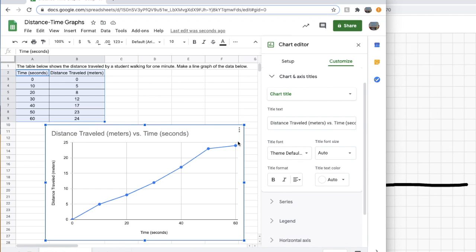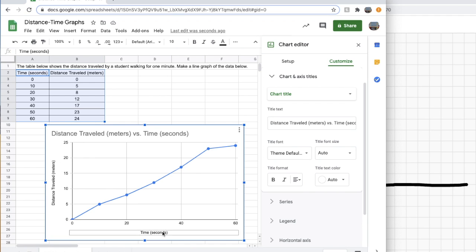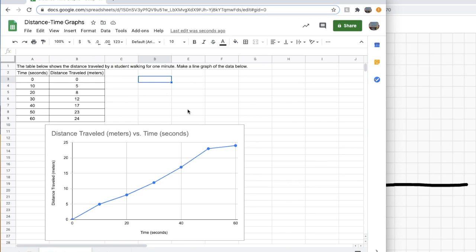What I want to look at is how we can tell someone's speed from these graphs. So if we look at this, none of this actually says speed. None of the numbers that show up are our speed. The speed is, if we remember our equation, I'll write it here, speed equals distance over time. So if we take our distance number divided by our time number, that's going to give us a speed.